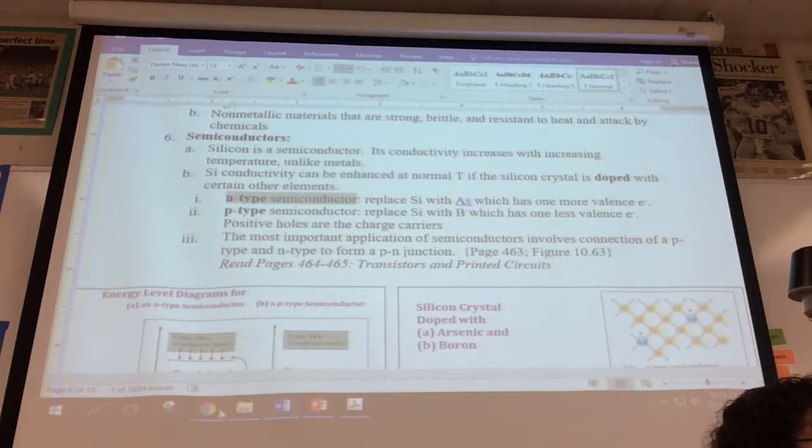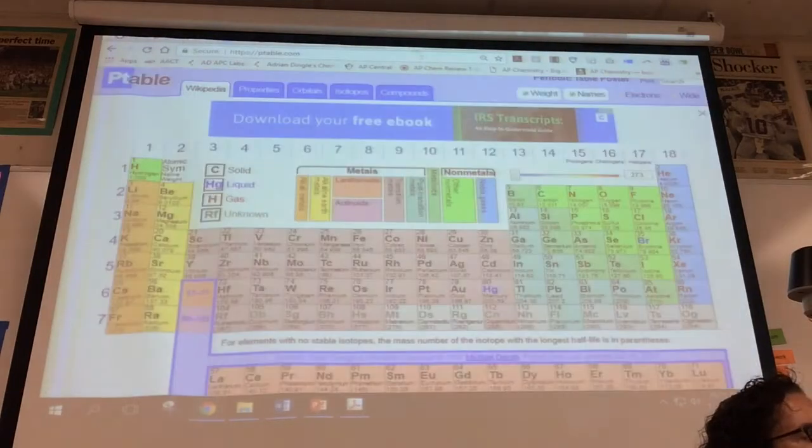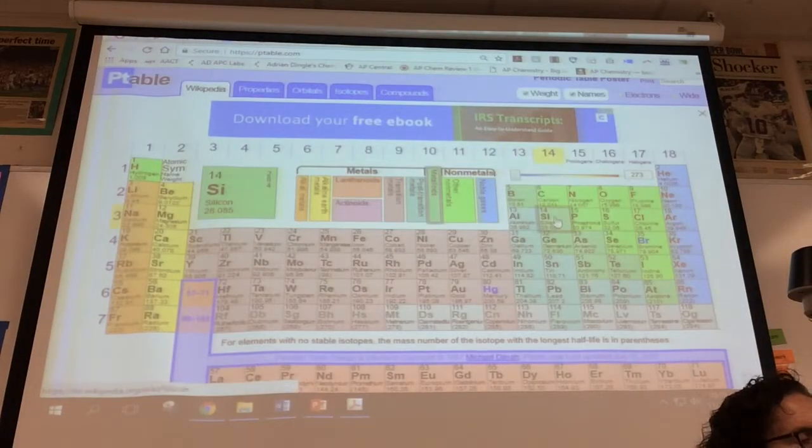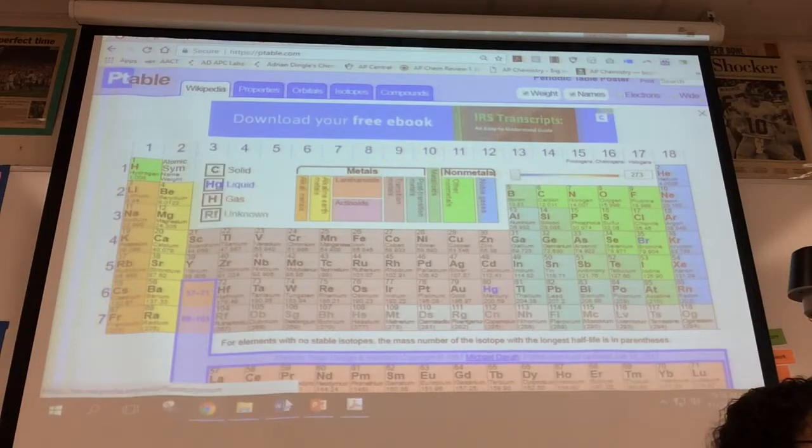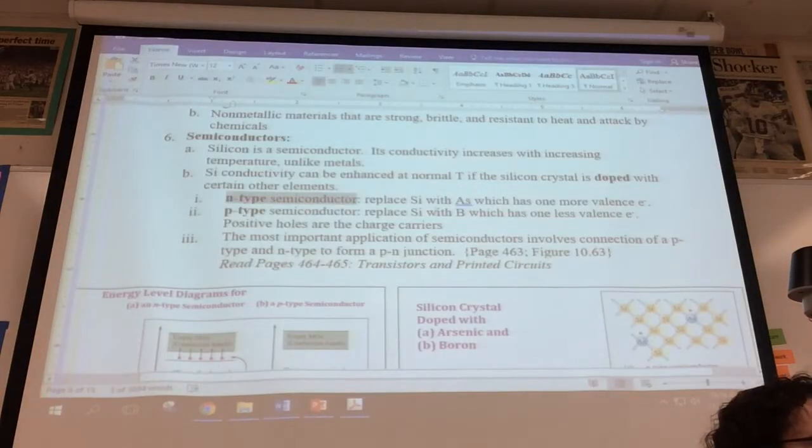For example, if you look at a periodic table, here is silicon. If you dope it with arsenic, silicon has 4 valence electrons, arsenic has 5. So the addition of a valence electron results in an N-type conductor. If you dope it with an element that contains fewer valence electrons, such as boron, then you get a P-type conductor. And this will enhance conductivity.